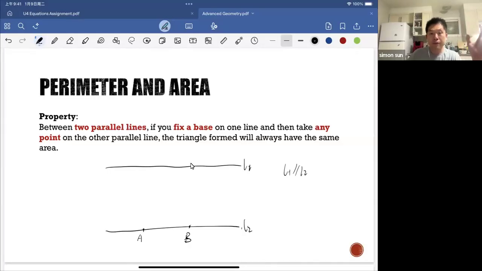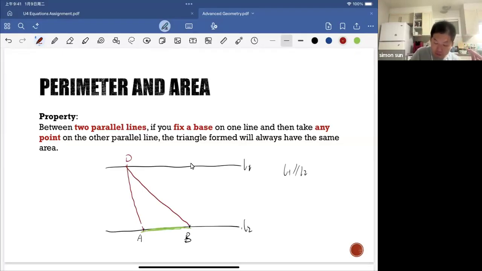In order to form a triangle, we need a third vertex, right? You only have two, and I will call it AB. We always have the base AB. Now, if I want to form a triangle, let me take a point on L1, mark D here. And we connect AD and we connect BD. This is a triangle.